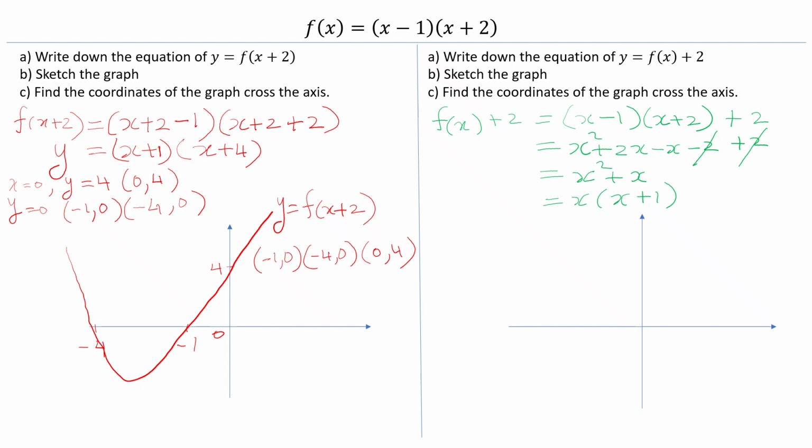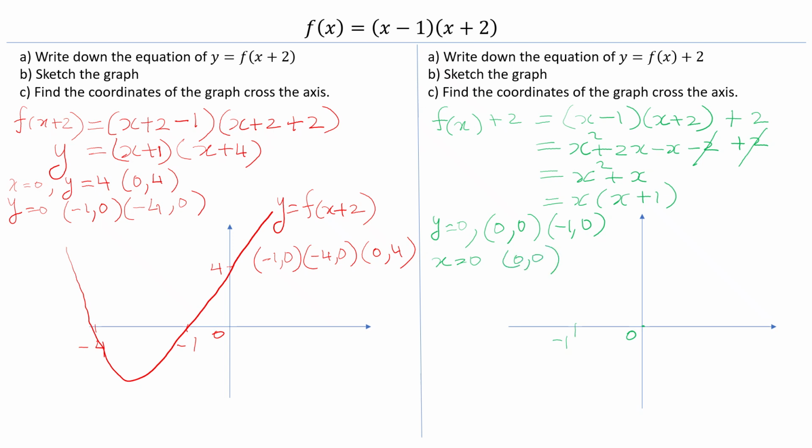Now sketch the graph. This is 0 and minus 1. When y equals 0, the coordinates are 0, 0 and minus 1, 0. When x equals 0, y is also 0, so the coordinate is 0, 0.